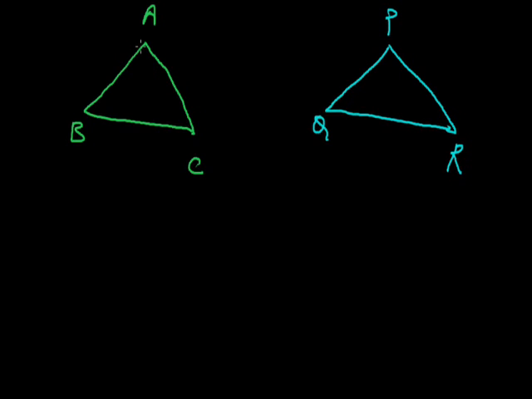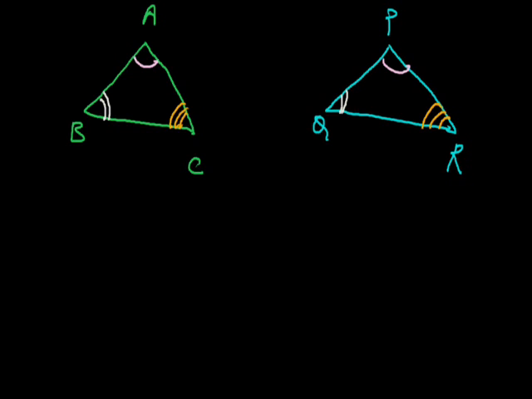Only when the angle A of triangle ABC will be equal to angle P of triangle PQR. Again, the angle B of triangle ABC will be equal to angle Q of triangle PQR. Now the angle C of triangle ABC will be equal to the angle R of triangle PQR.